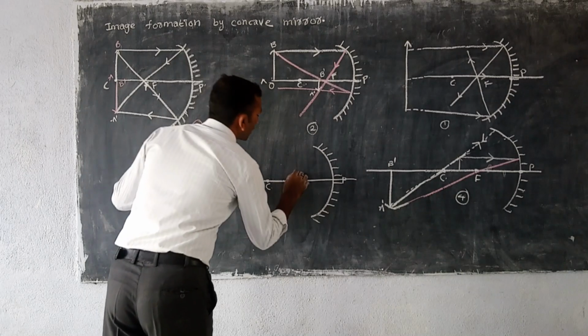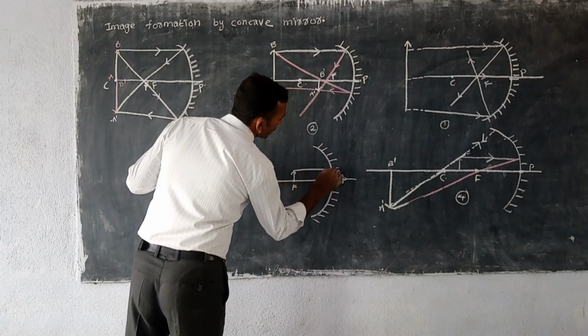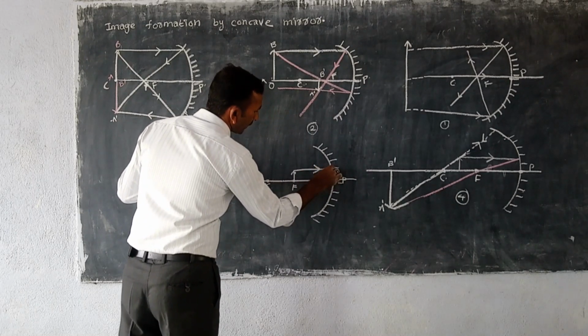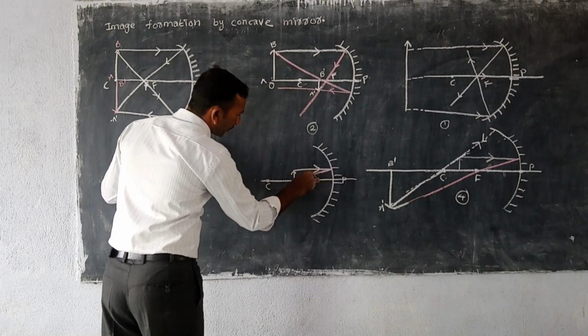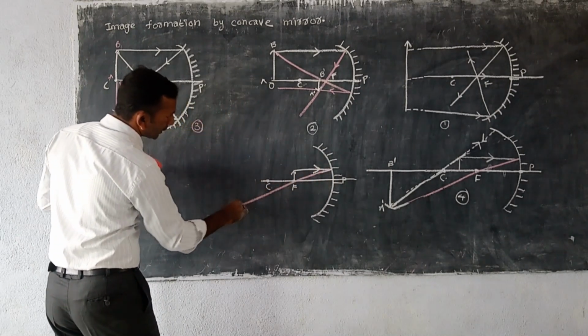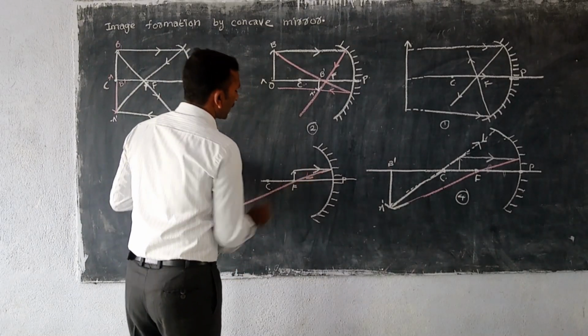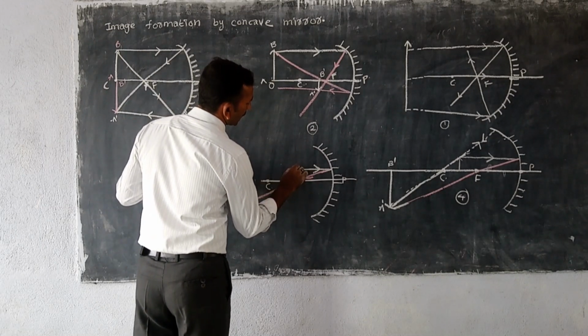What is the first light ray we always take to draw a ray diagram? Parallel light ray. This one is the parallel light ray, and after incidence on the mirror surface, it is going through the focal point of the mirror.